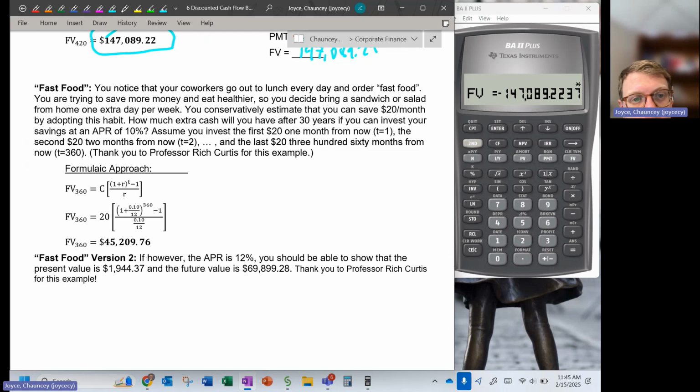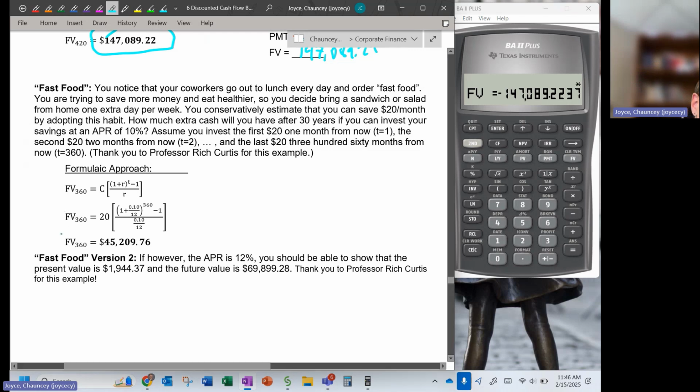So you assume you invest the first $20 1 month from now. That's time one. That's an ordinary annuity. The second 2 months from now, time two, etc. So you're going to do this for 360 months. That choice will actually leave you $45,000 richer by the time you retire.